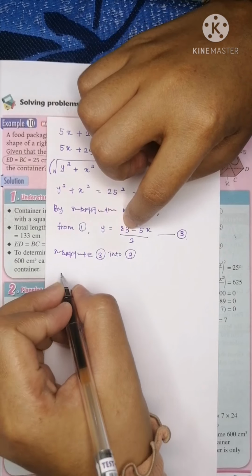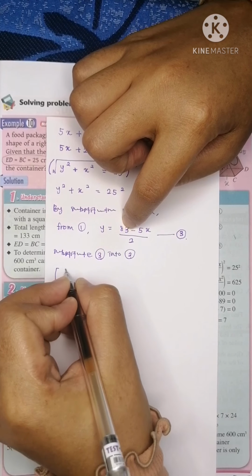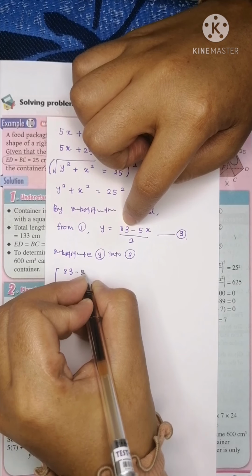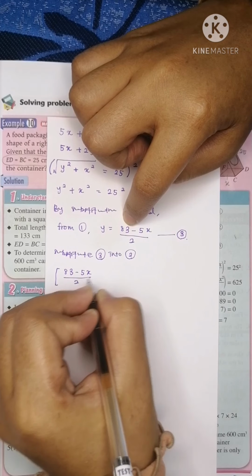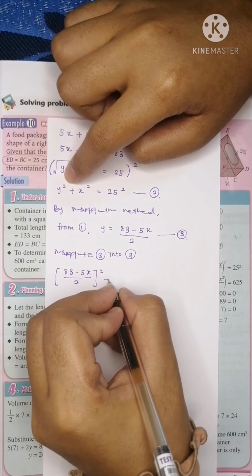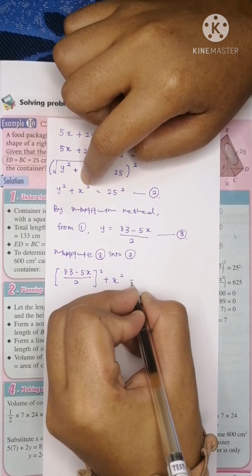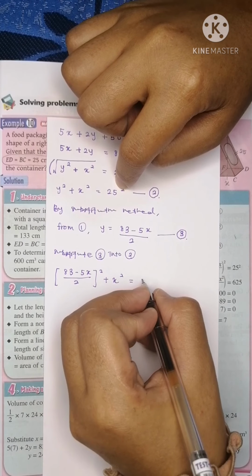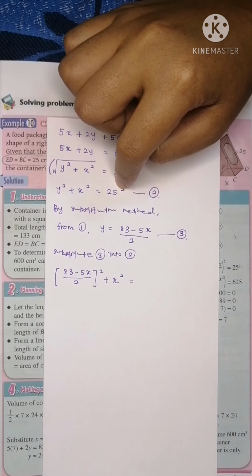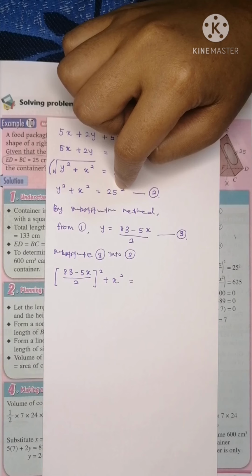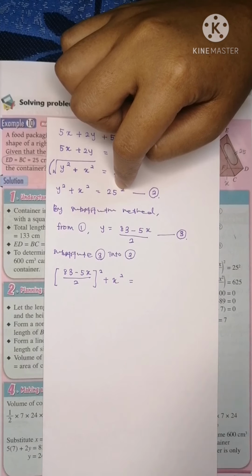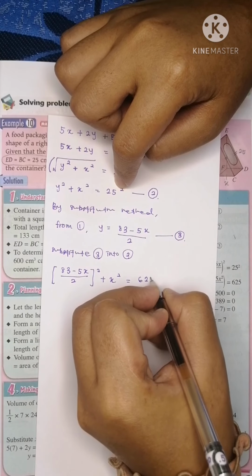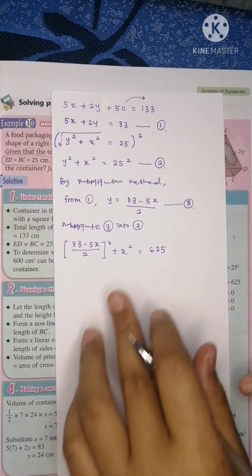So y square becomes 83 minus 5x over 2, squared, plus x square equals 25 square. 25 square, you will get 625.